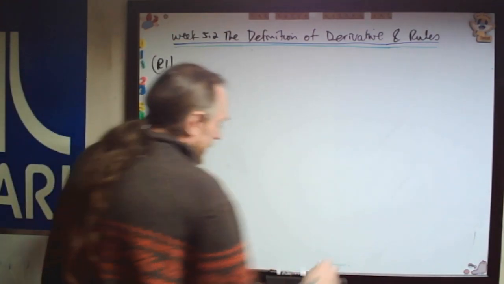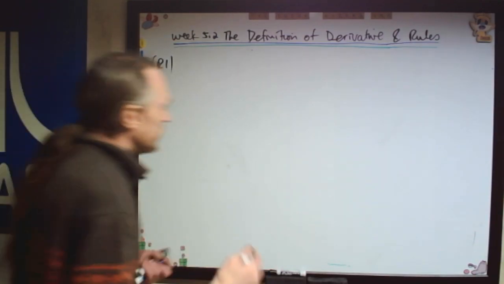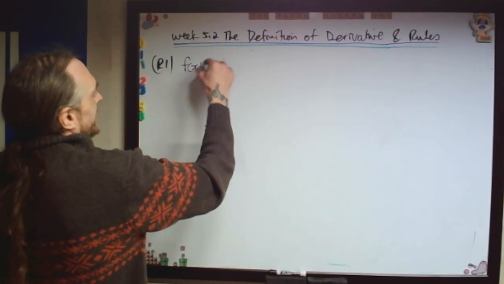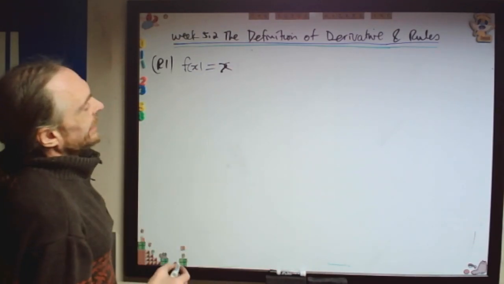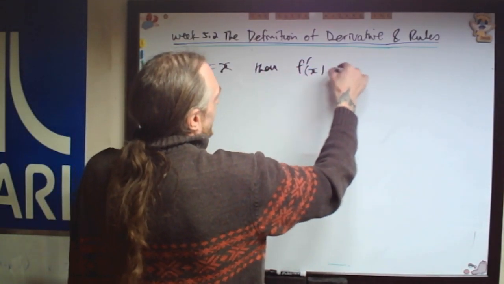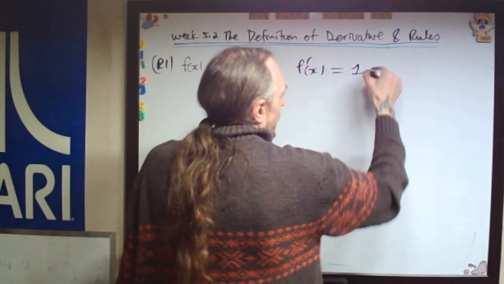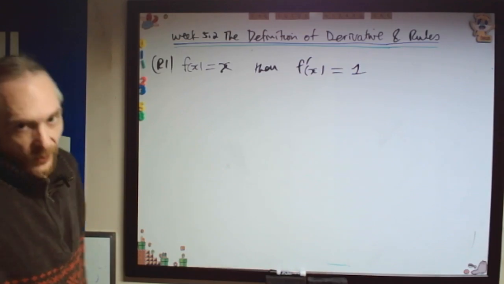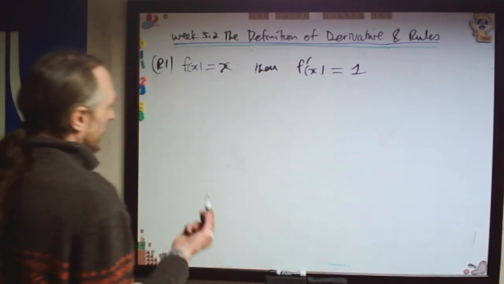If I have that f of x is equal to x, then f prime of x is equal to 1. The derivative of x is just 1. That should be the first rule, or the first thing you want to know.